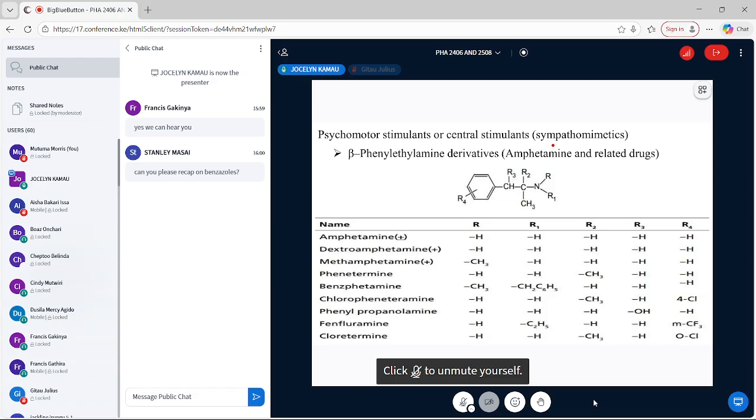And of course, whether dextro or the racemic mixture, for sure it will have the same structure.